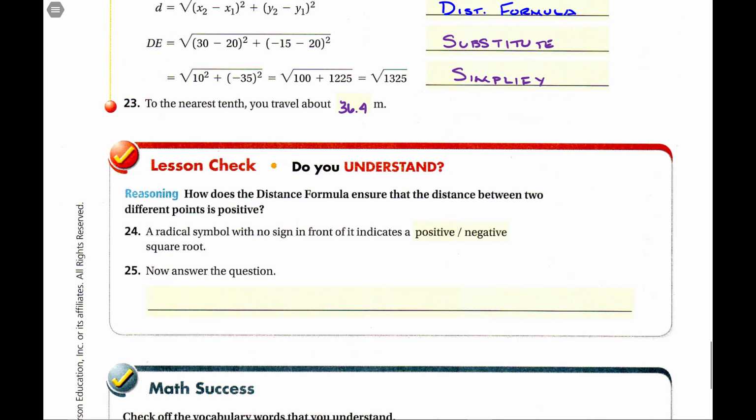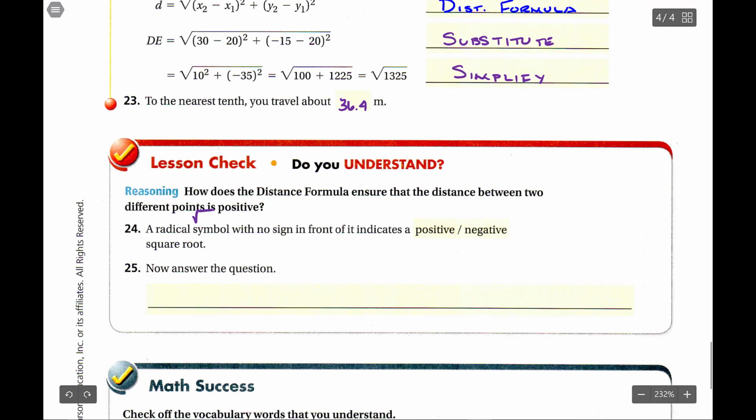Do we understand? How does the distance formula ensure that the distance between 2 points is always going to be positive? A radical, so that's just the square root symbol, with no sign in front of it, indicates a positive square root. The distance formula is the square root of x sub 2 minus x sub 1 quantity squared plus y sub 2 minus y sub 1 quantity squared.